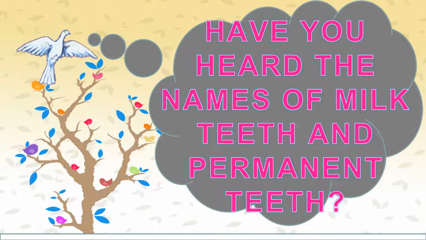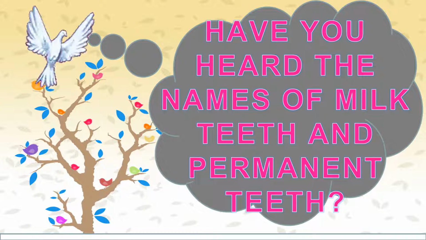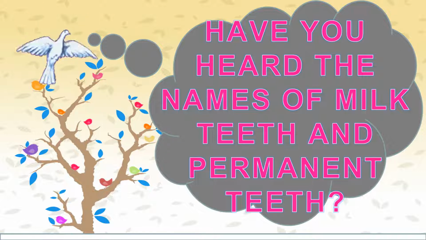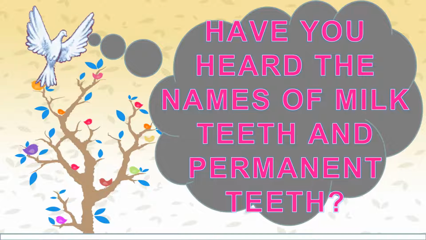Do you remember about falling off your teeth some years ago? Have you heard the names of milk and permanent teeth? This will be quite interesting for you to know the difference between them. Discuss with your parents.